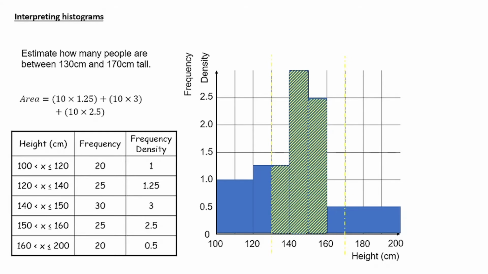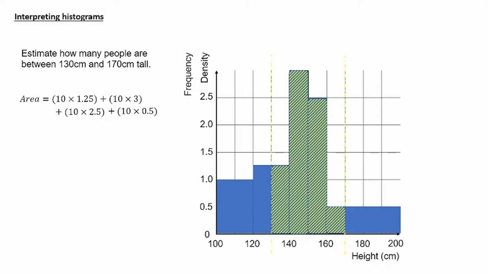And finally, for the last one, once again, this is just a proportion of the final interval. The width of the section that I'm interested in is 10, and we know the frequency density is 0.5. So completing that calculation gets us an answer of 72.5. So in this specific case, the area equaled the frequency.